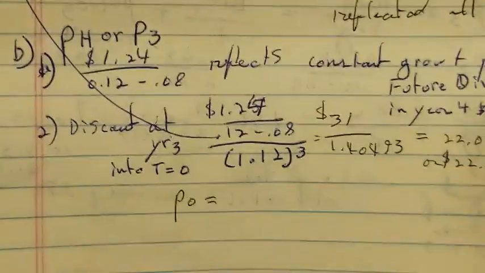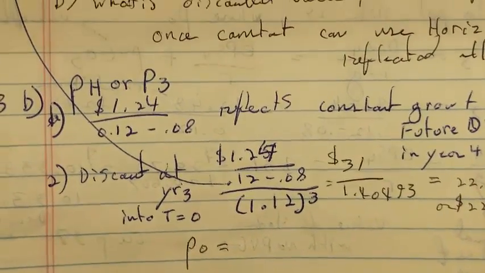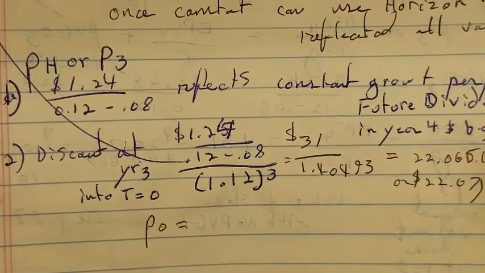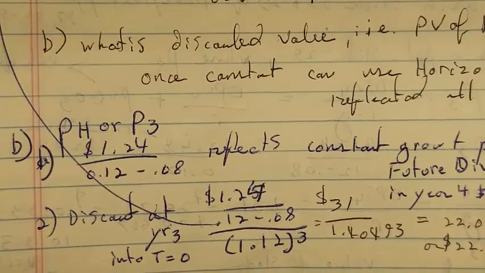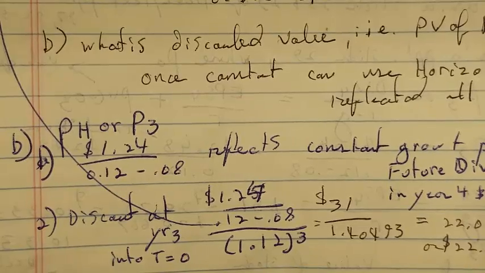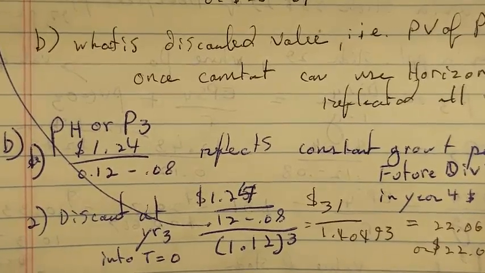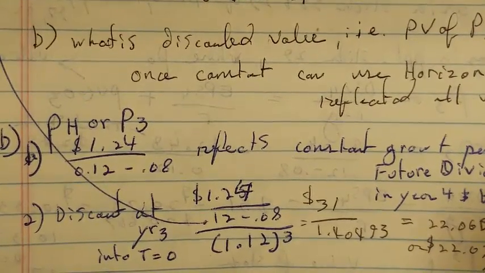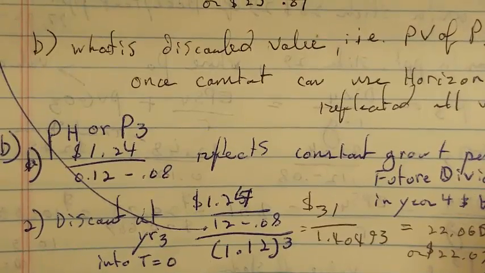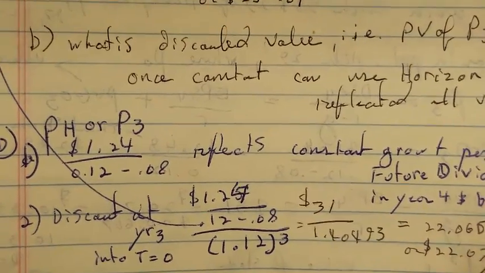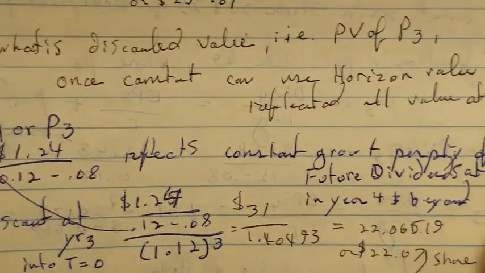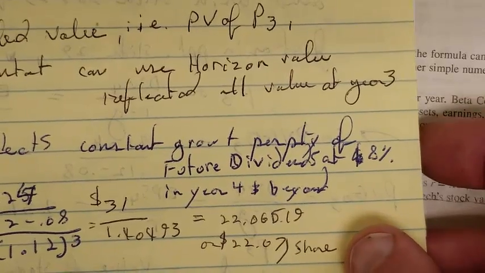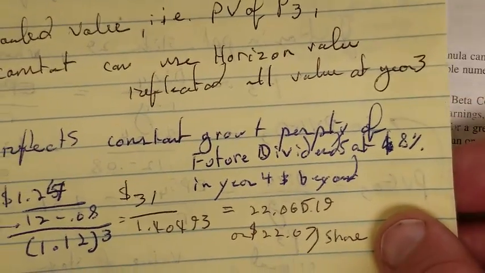Again, I'm having to split this up into intervals here. Once we discount this, this is just the constant growth perpetuity formula, which is the price at the horizon, the price of the stock at year 3. It's reflective of that constant growth of all future dividends growing at 8% in year 4 and beyond.